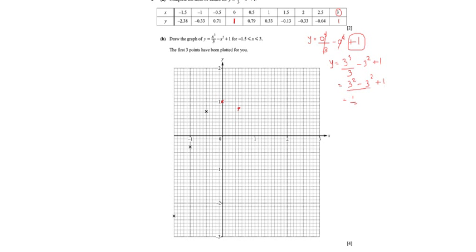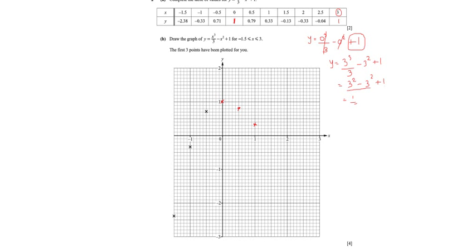Then when x is 1, the value of y is 0.33, so I will go up 0.33. This is 0.1, 0.2, 0.3, so just above the third line. I'm just assuming it's somewhere here.